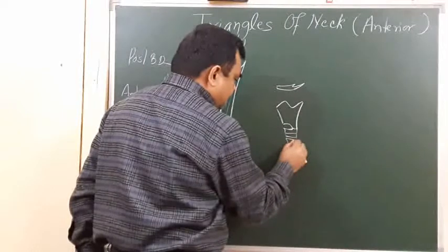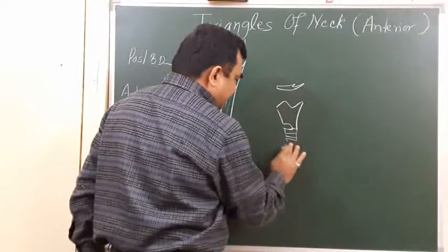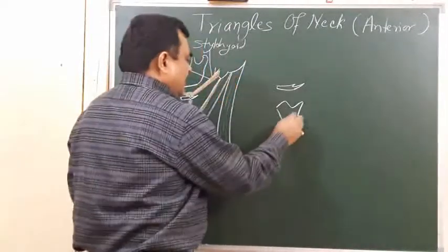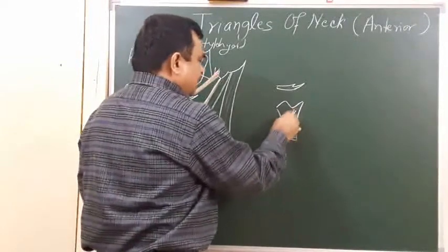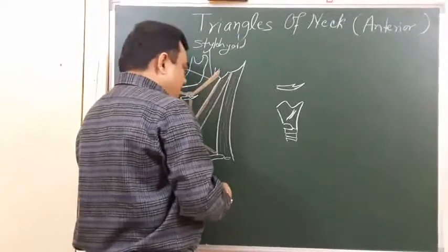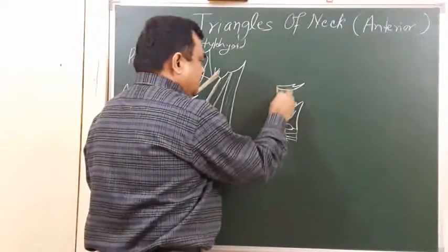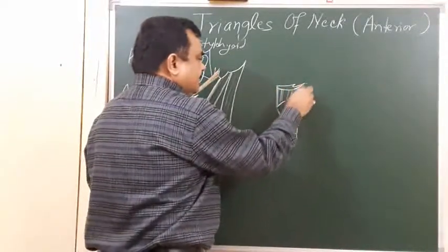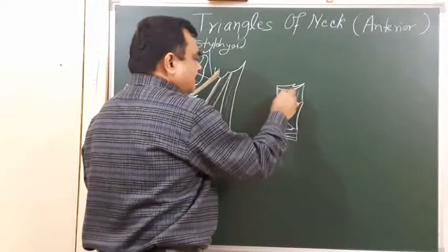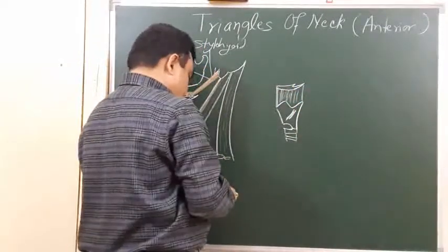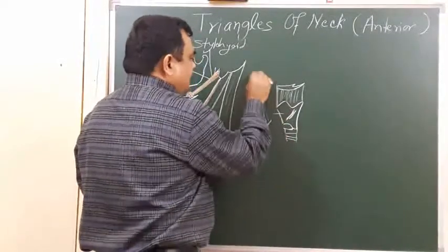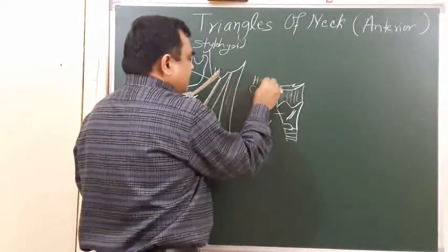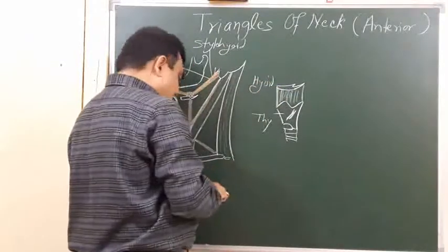This is the trachea. This is the oblique line. This is the thyroid membrane. This cartilage is the thyroid cartilage. This is the hyoid bone. This membrane is the thyrohyoid membrane.